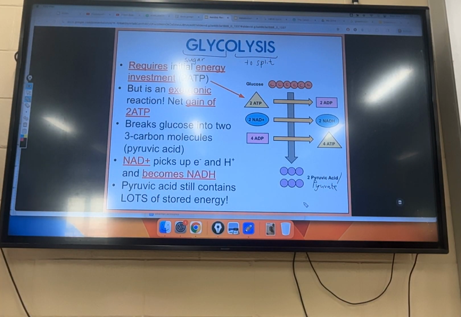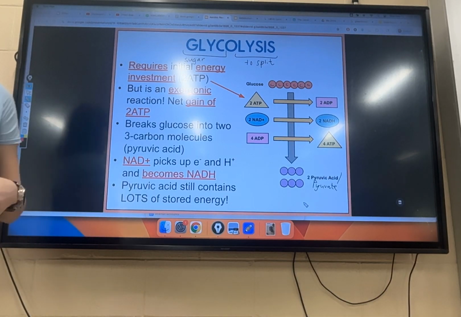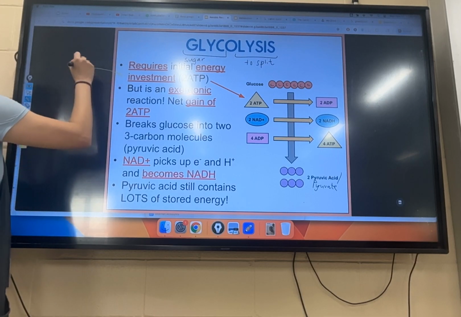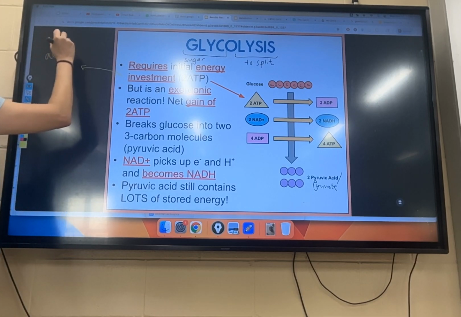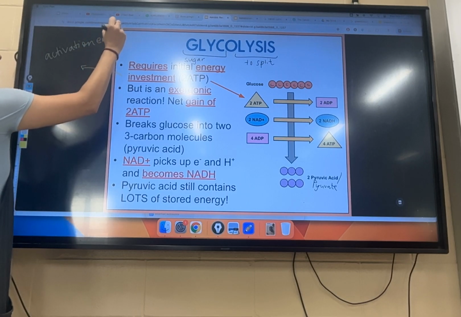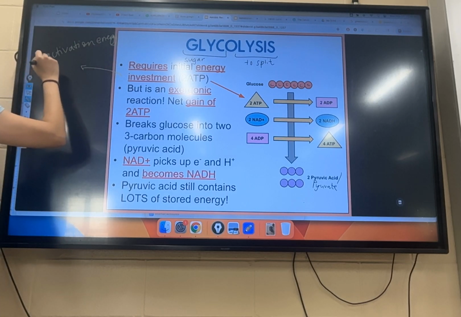In order to get any reaction started, some amount of energy is required. So you have to have some amount of energy input. That's your activation energy. This is what's needed to get the process started.